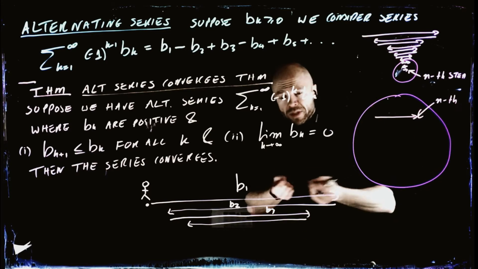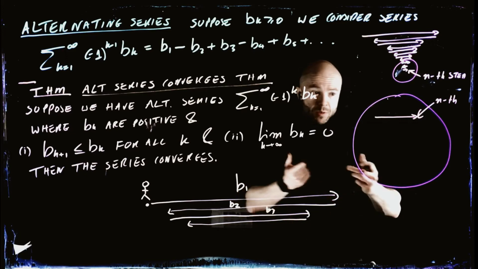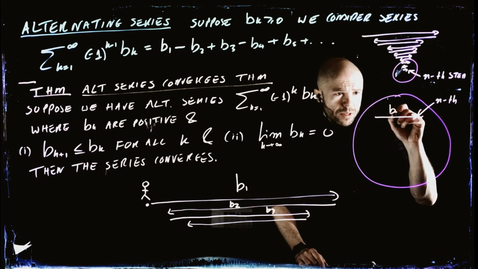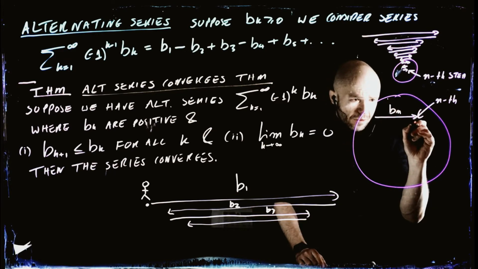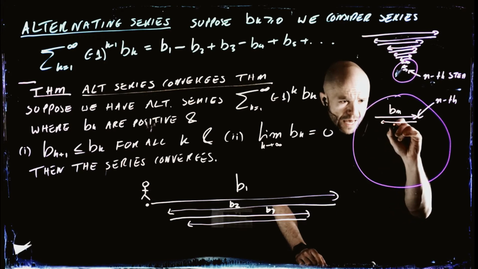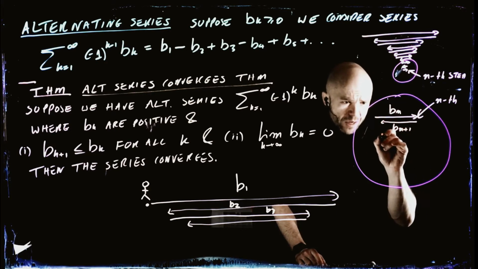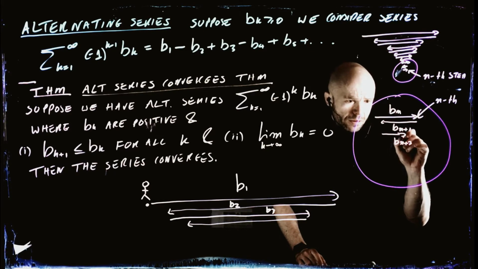When we've taken the nth step, that means we are at the Sn partial sum, right? We've done n steps. We are here at the Sn partial sum. And we've just moved forward by this step, Bn. Yeah? Then the next thing we do is to move back by Bn+1. And then from here we go forward by Bn+2. Yeah?